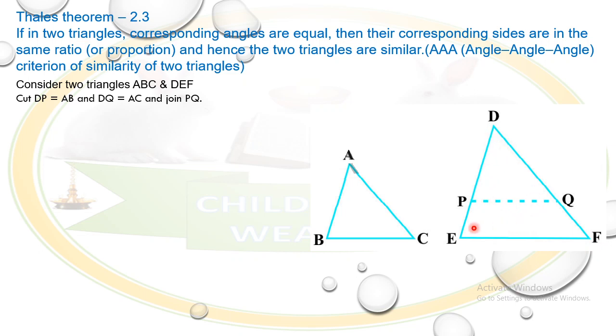Draw a point P on the side DE so that DP is equal to AB, and draw another point Q on the side DF so that DQ is equal to AC. Then join the points P and Q with a dotted line for our assumption purpose.